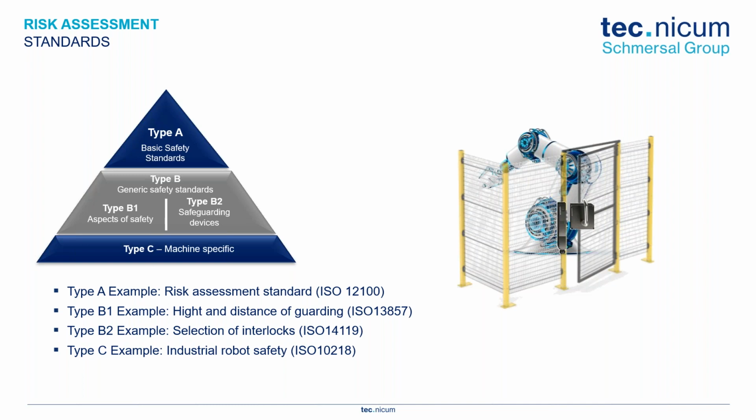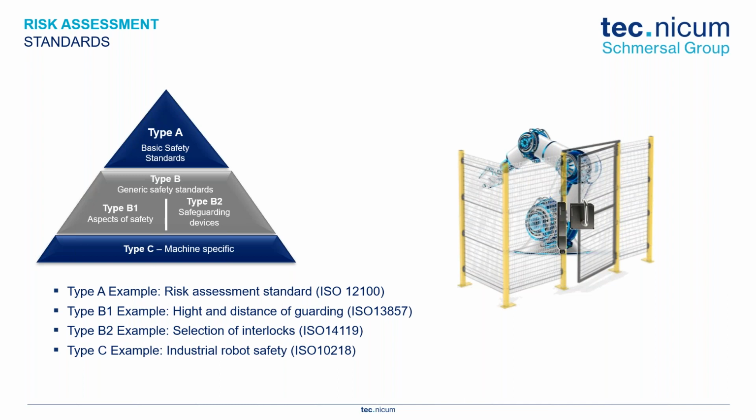Okay, now, in every type C standard, what you will see is a note that says you have to do a risk assessment still. So that still brings us back to our discussion today.